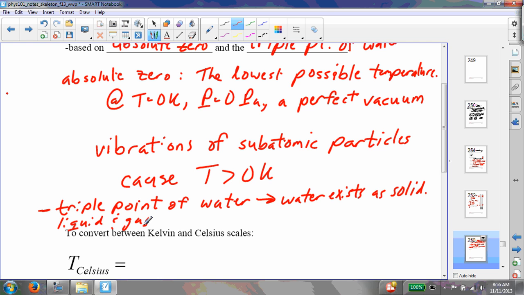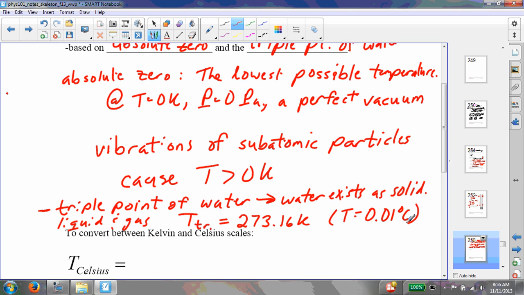And the temperature for the triple point is equal to 273.16 Kelvin, which in the centigrade scale is 0.01 degrees Celsius. So just above the freezing point of water at a particular pressure and temperature, you get, under certain conditions, the existence of solid, liquid, and gas water all at one time.